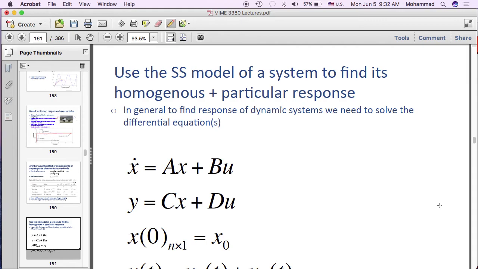So can we now use the state space model to find a complete response? And the answer is yes. And like what we've been doing so far, we take advantage of the similarity of the state space model to first order differential equations, because state space models are that. They're a collection of first order differential equations. So we are going to take advantage of it.